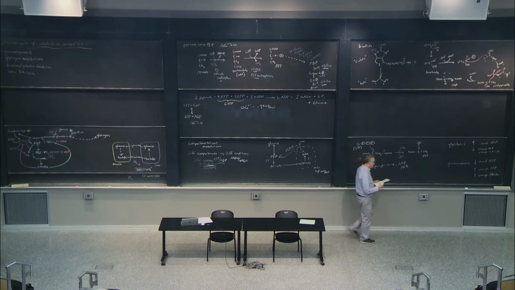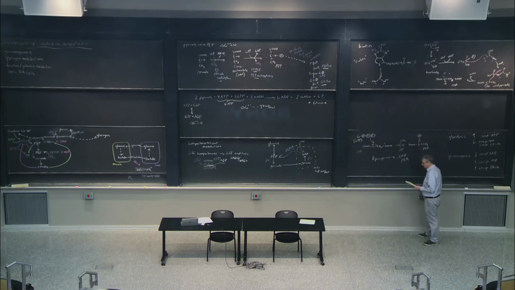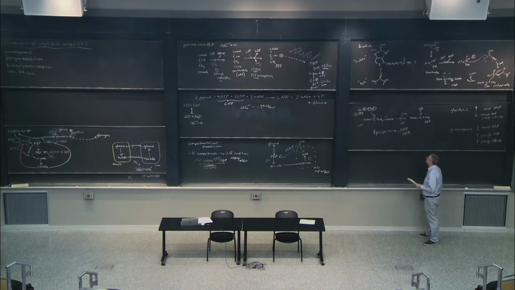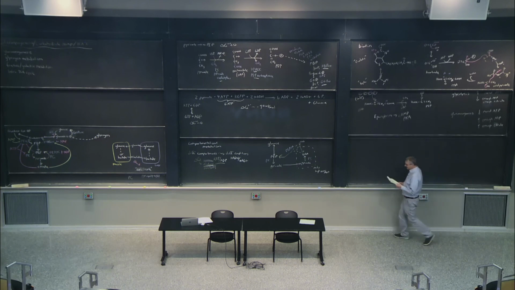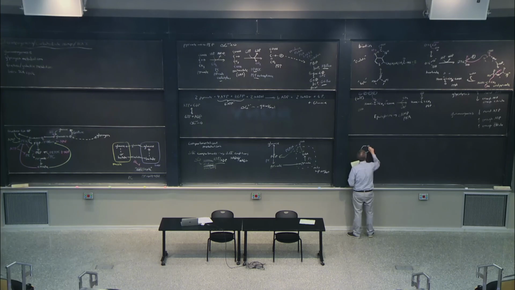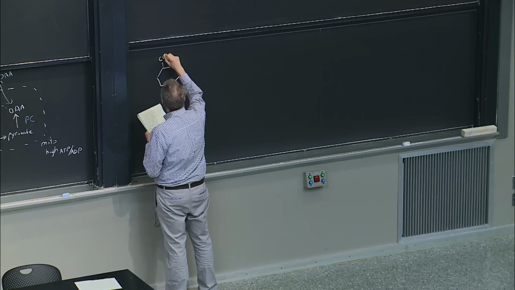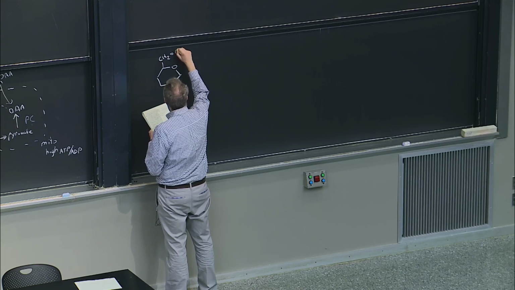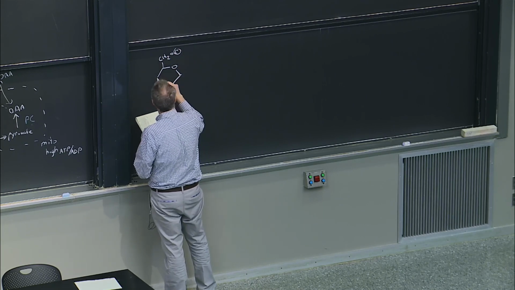Now, the way you add and subtract glucose polymers to glycogen acts through glucose 6-phosphate being first converted to glucose 1-phosphate.